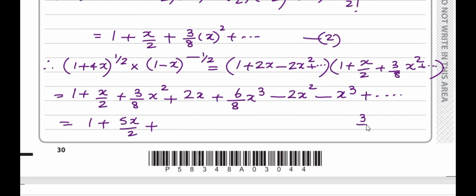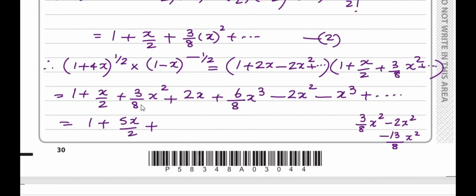Right? That means 8 times 2 is 16. So minus 16 plus 3 is 15 over 8 x square.